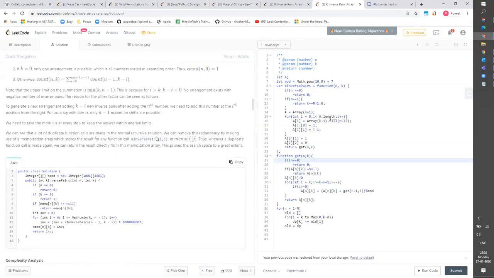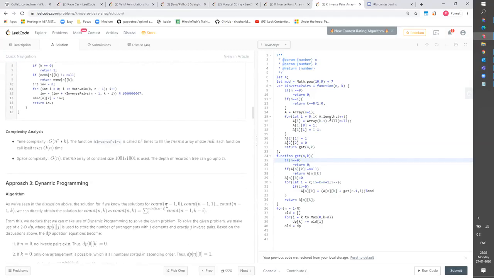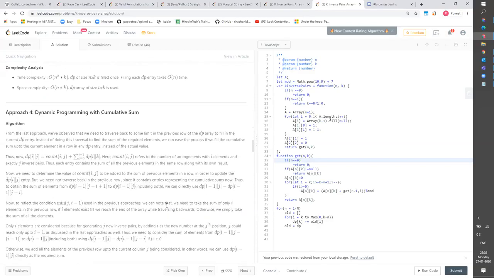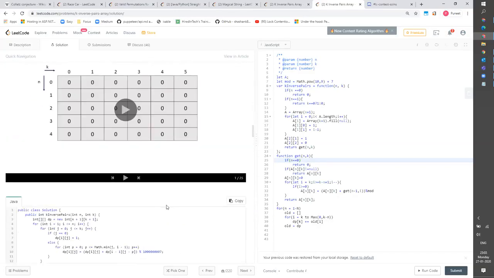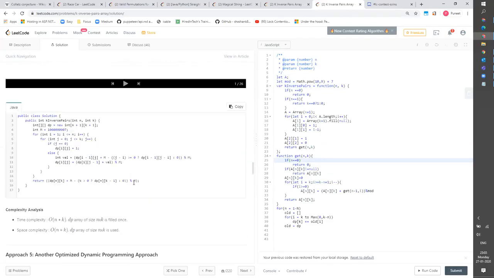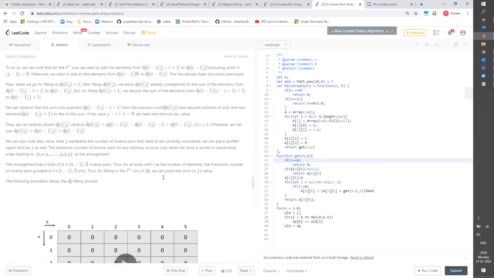And I think the time complexity for this is n squared k. What we can do is just take one of the problems and then try to find out. I think this one we are already done. Let's take any one optimized one and let's see if we can get some intuitions out of it.